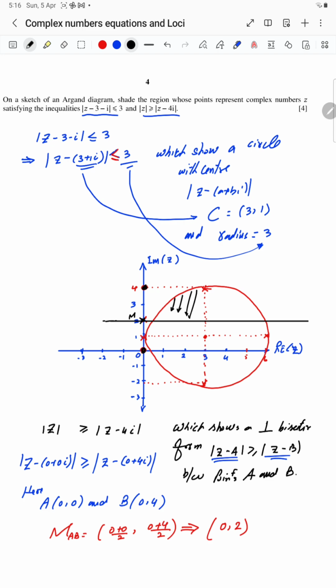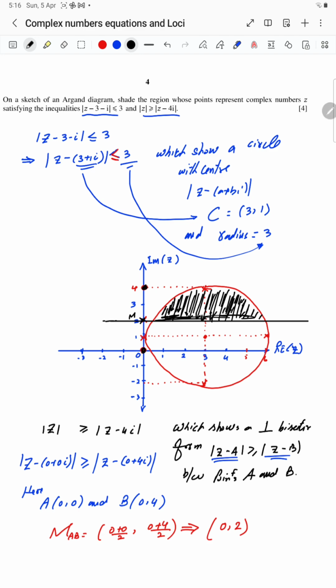So you can have this shading, bigger than this and less than 3. All the area above this bisector line and inside the circle is the answer. I hope you got it. This is the shading part, and that represents this.